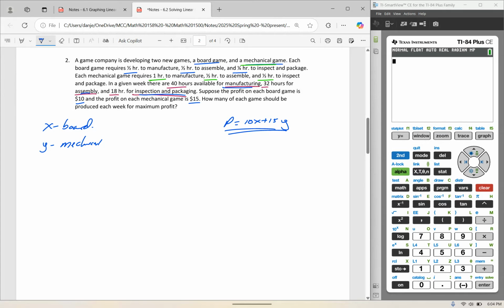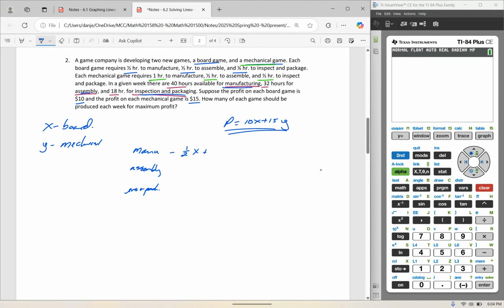I'm going to do one equation for manufacturing, one for assembly, and one for inspection and packaging. So for manufacturing, it's a half an hour. Let's use fractions. A half an hour for each board game.